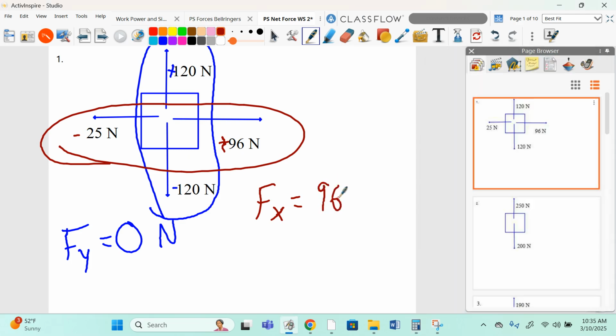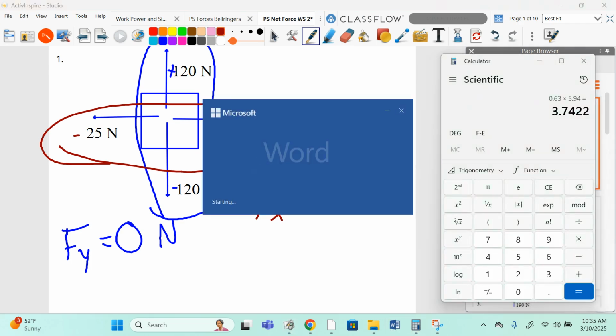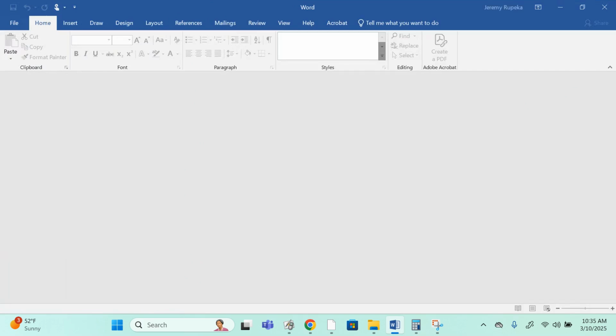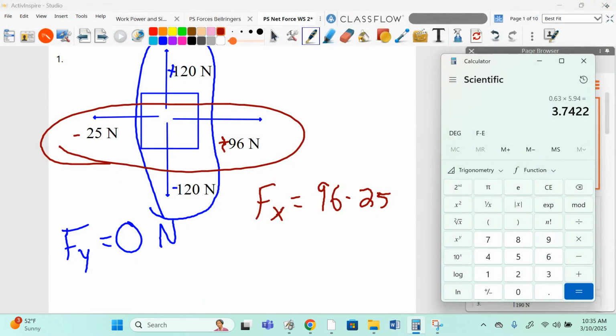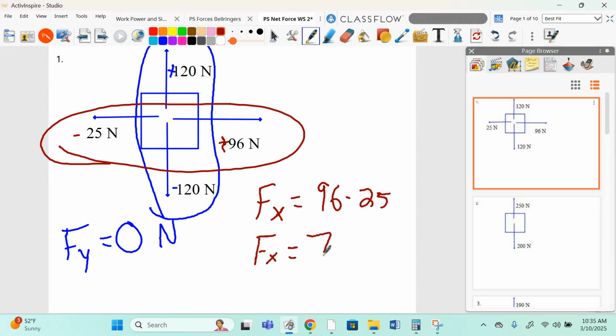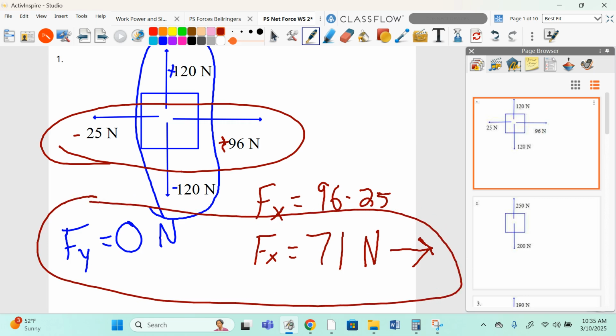I'm taking 96, I'm subtracting 25, because that vector is going in the other direction. 96 minus 25 gives me a force in the x of 71 newtons to the right. If I end up with a positive number, that means right. If I end up with a negative number, that means left. So my answer is 71 newtons to the right, and 0 newtons in the y.